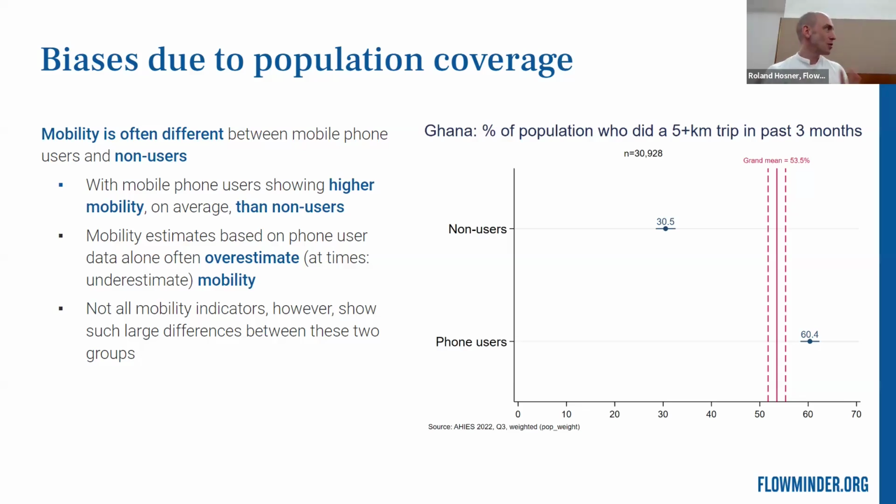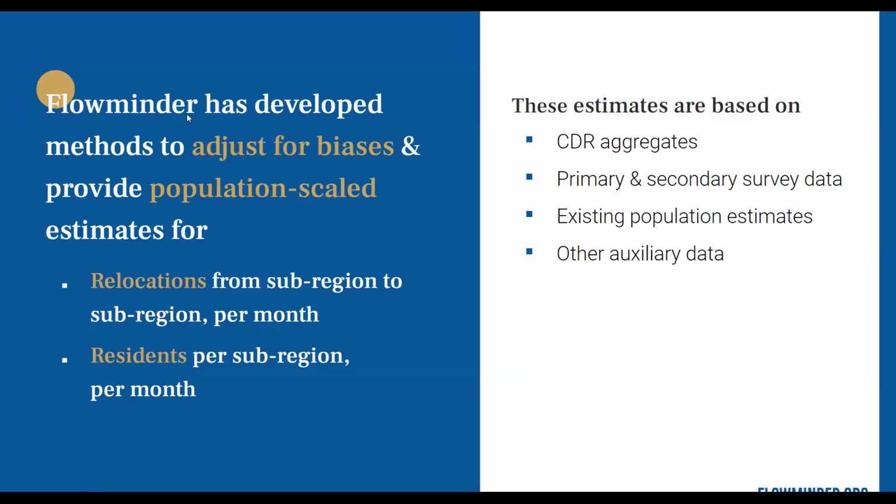To be fair, not all of the difference we see in the survey data is that large, but it's certainly enough to merit bias adjustment and to show that this can become a serious problem when producing unadjusted statistics. We have developed methods to bias adjust and scale to the entire population these relocations between sub-regions per month and residents.